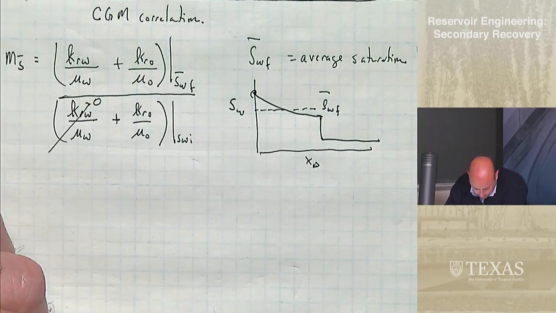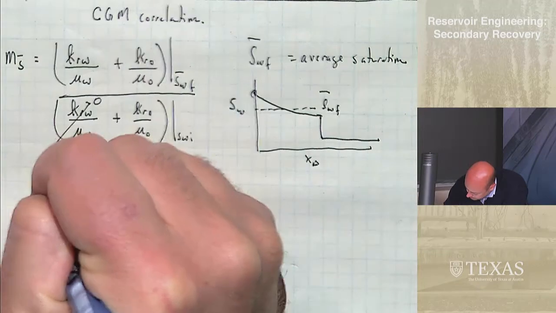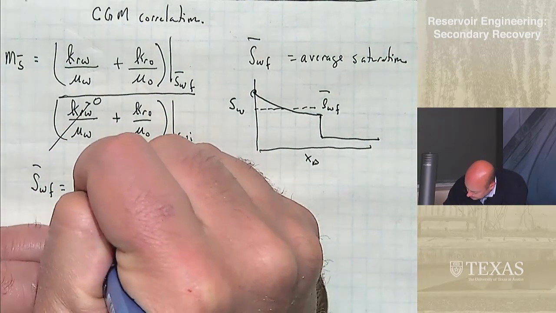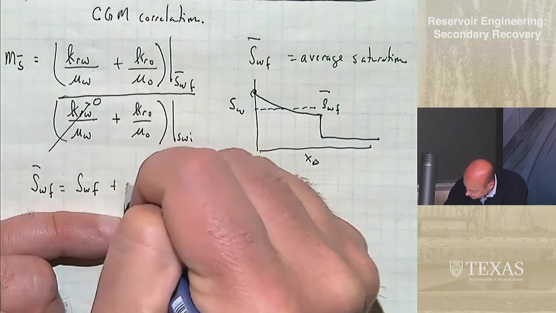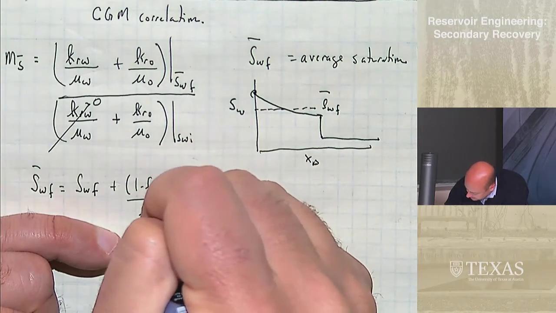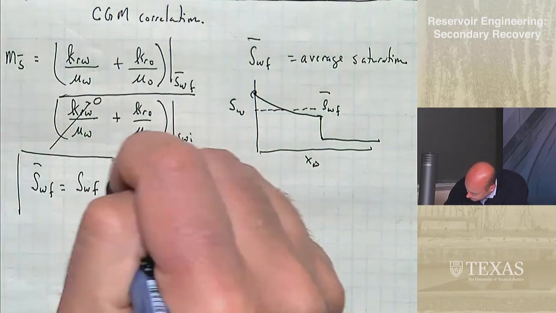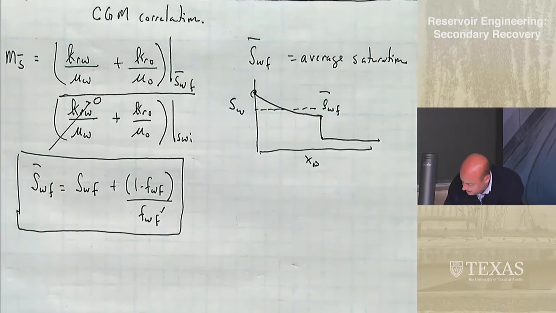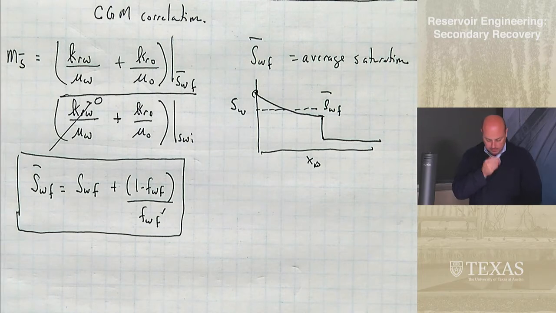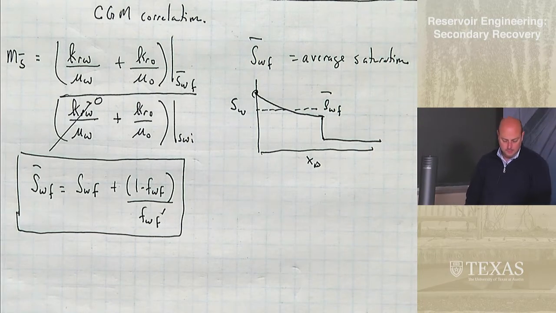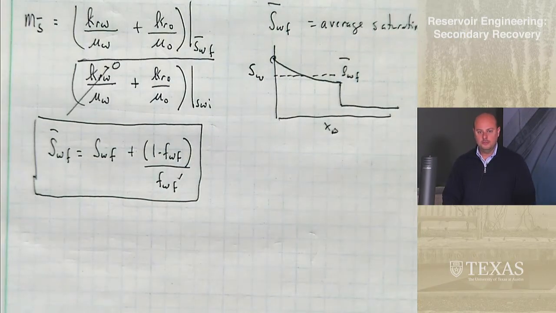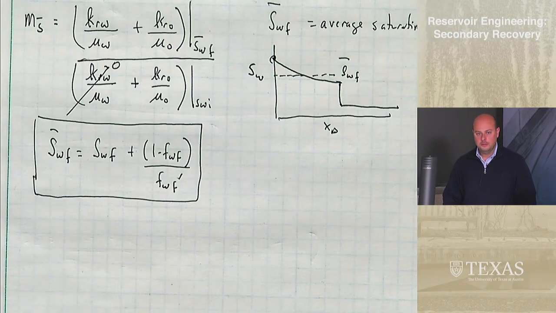Well, we've seen this formula before. SWF bar is equal to SWF plus 1 minus FWF divided by FWF prime. Okay, so we know how to do this. We go look at our fractional flow plots.